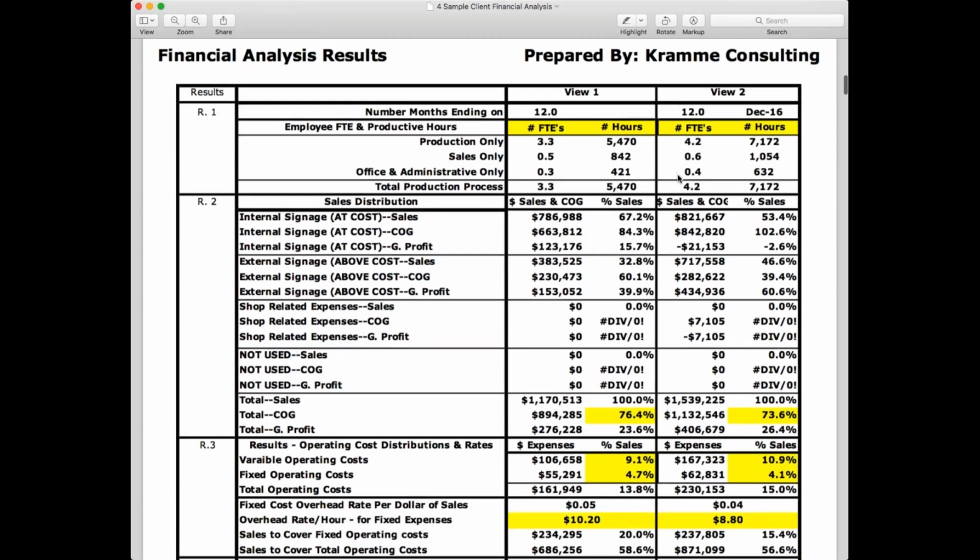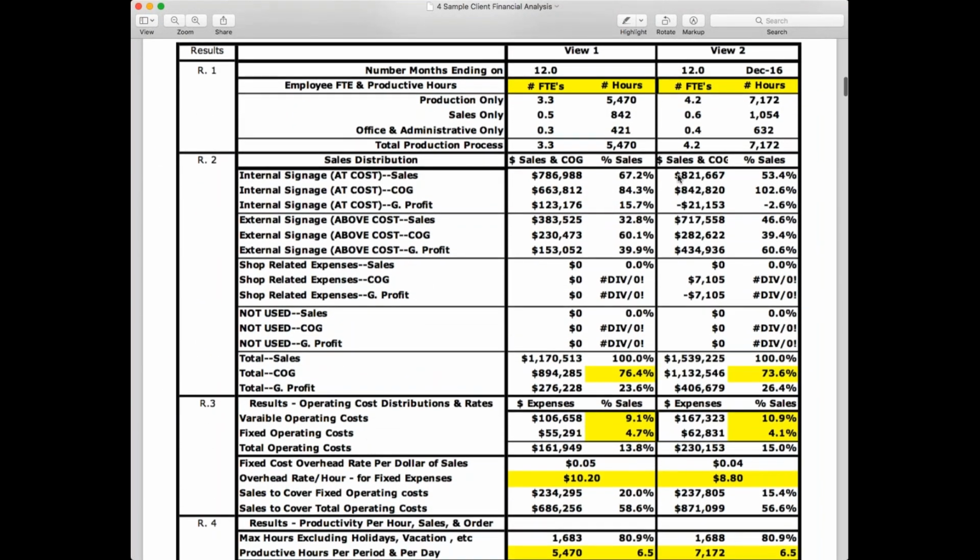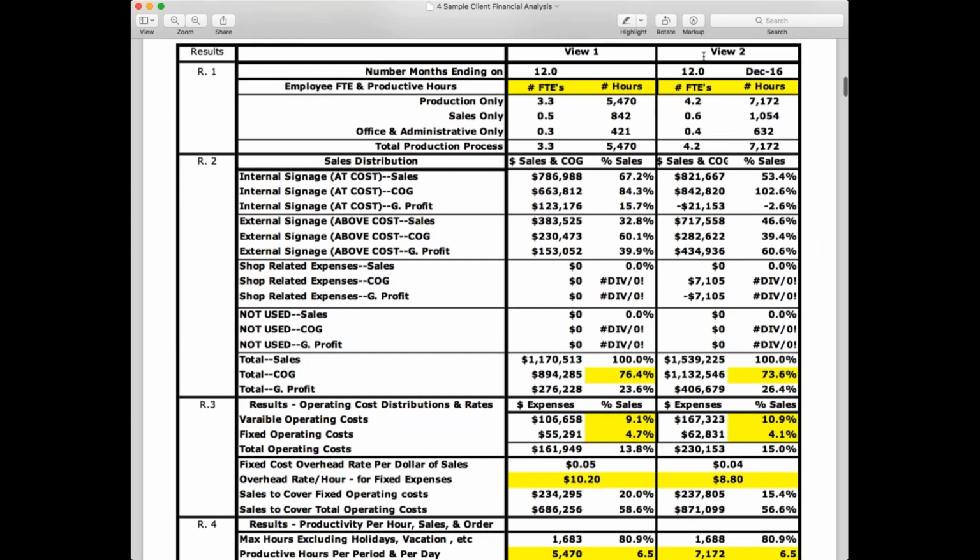Now we're into the guts of the results. What you see up here is view 1 and view 2. These are the 2 time periods that they want to look at. Up under the FTEs at the very top, this particular client started off the first time with 3.3 people in FTEs in production, and they grew about 1 person.